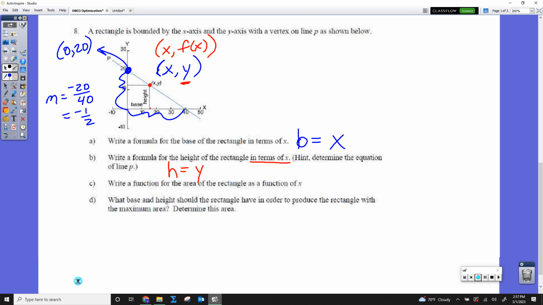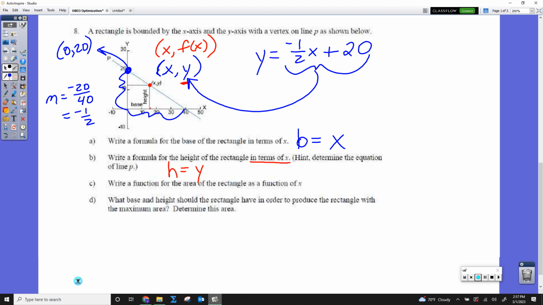So we can easily write that equation: y is equal to negative 1/2 x plus 20. That's the equation of that line, which is also the y value. Our y value changes depending upon what the x is. So this negative 1/2 x plus 20 is what goes in that spot for our point.